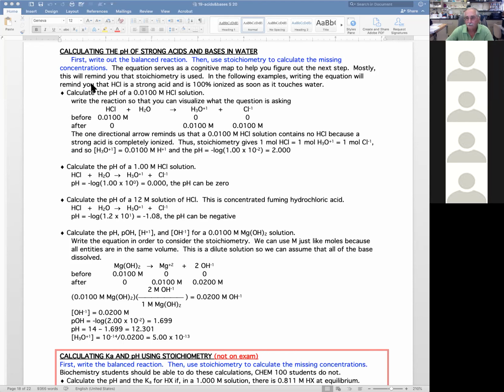So for example, in physics, you hit a baseball and then they have you draw the trajectory. So you see all the forces that are acting on that baseball. But in chemistry, we don't draw pictures. We don't have a cognitive map to help figure things out. But what I'm trying to get students to do is take the equation and use that as the cognitive map.